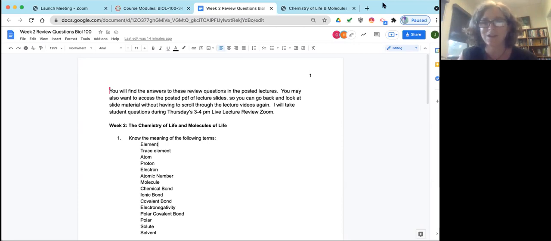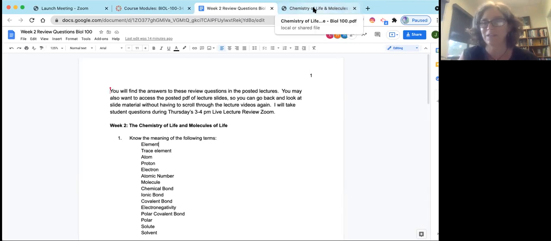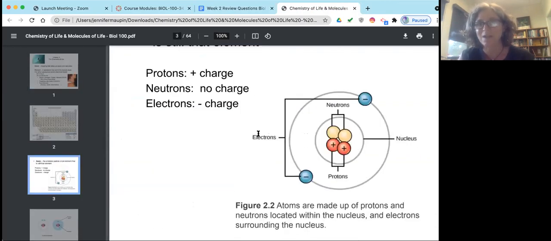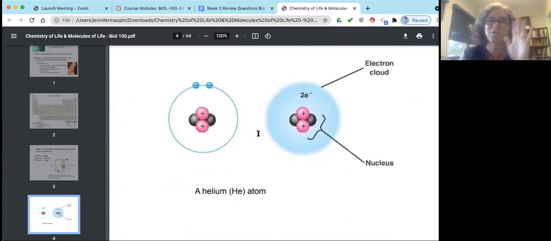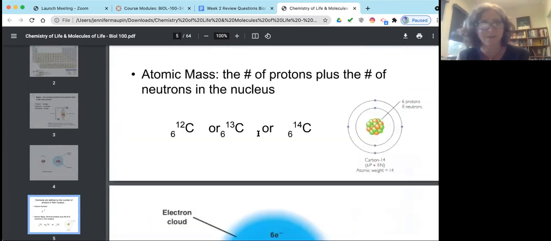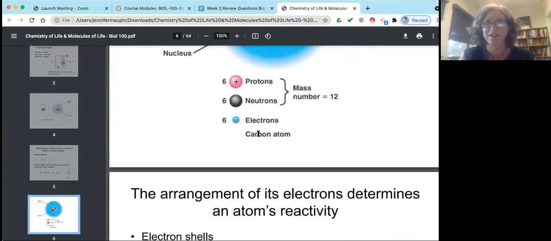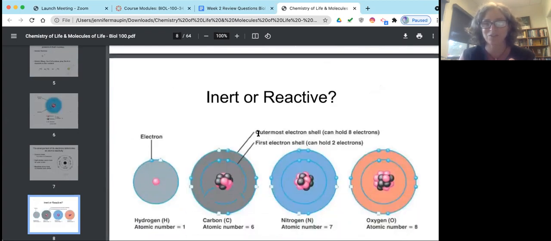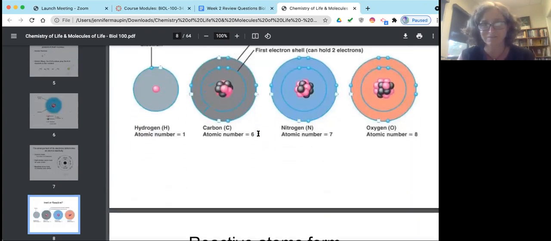So to help talk about this, let me pull up that PDF of our lecture slides so we can look at some actual bonds. Now we're talking about covalent bonds here, right? Polar covalent bonds. And in a covalent bond, what's going on with those electrons? They are being what?